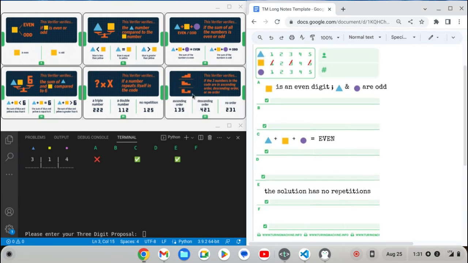So I think we can safely deduce that the solution should have no order because of the way criteria card B and F sort of interact with each other. So I'm going to type in our notes here in F that we're deducing that the solution has no order.